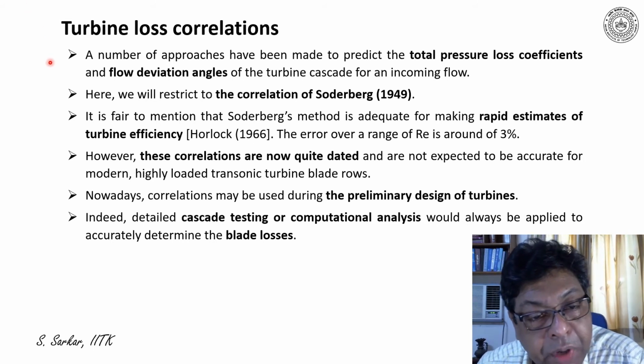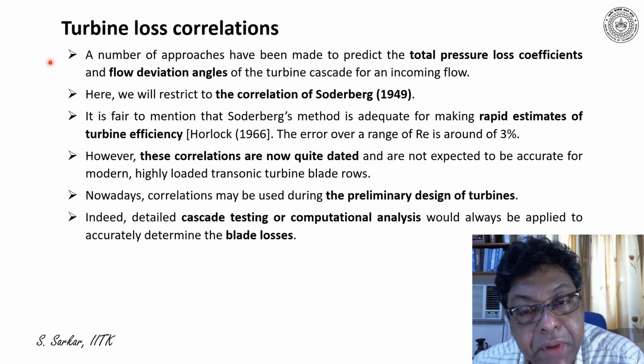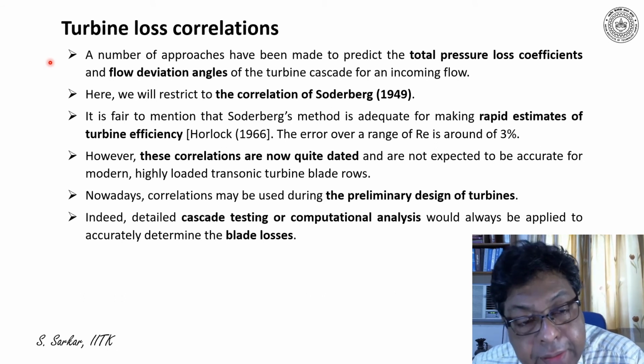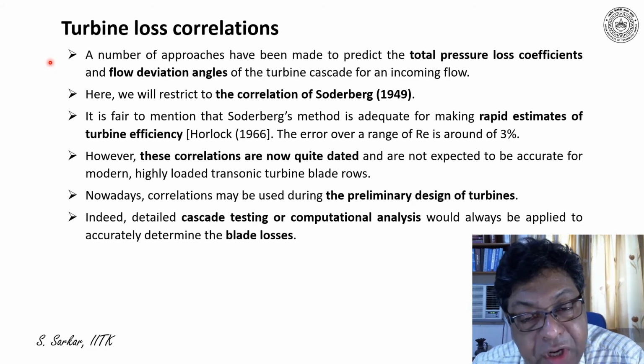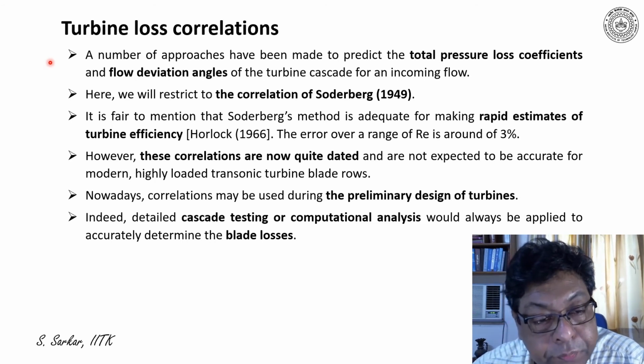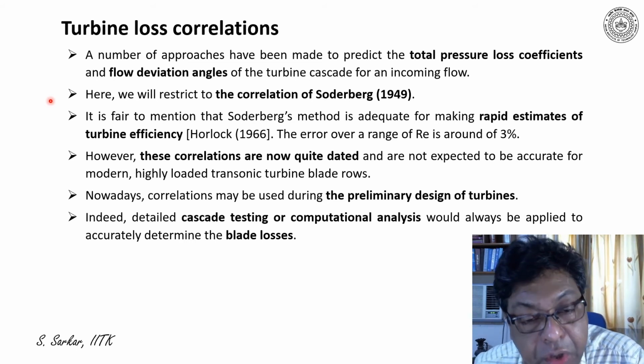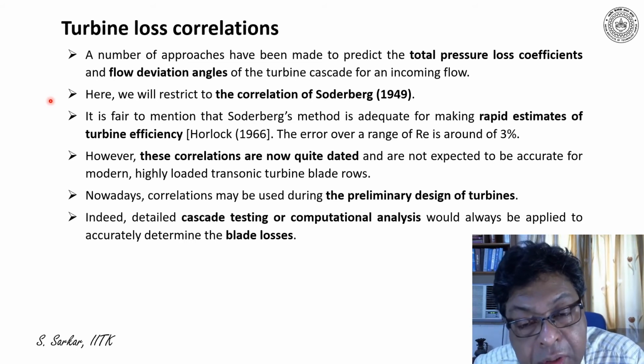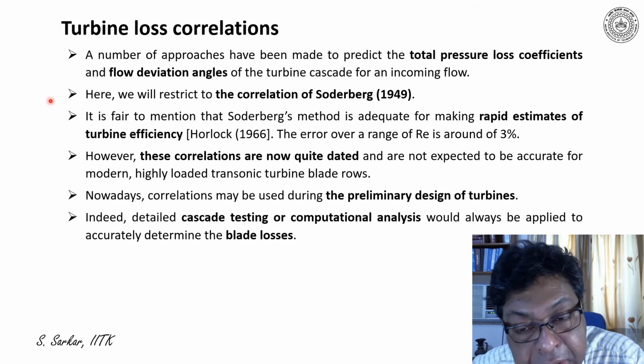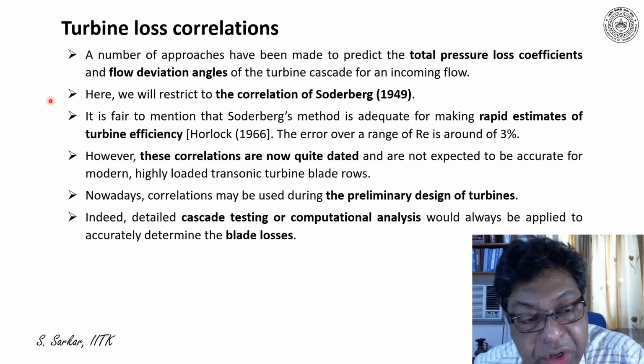A number of approaches have been made to predict the total pressure loss coefficient and the flow deviation angles of a turbine cascade for an incoming flow. Here we'll restrict to the correlation of Söderberg in 1949.